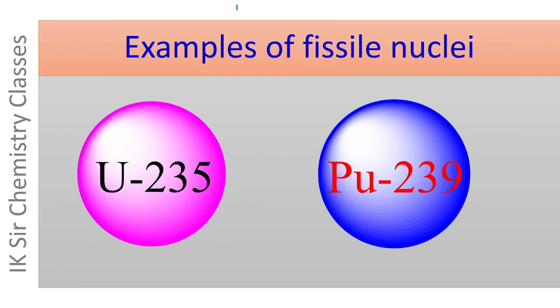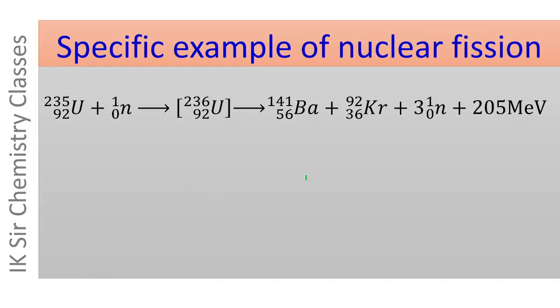Two common examples of fissile nuclei are U-235 and plutonium-239. These two are the most common examples of fissile nuclei. A specific example of nuclear fission is given below. When the nucleus of U-235, having a delicate balance between attractive and repulsive forces, is bombarded by neutron, a compound nucleus is formed by the capture of neutron by this nucleus.